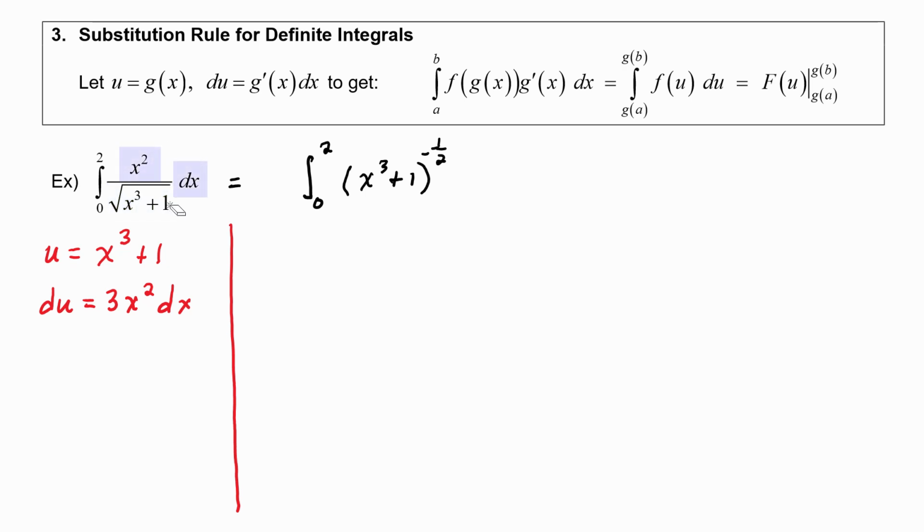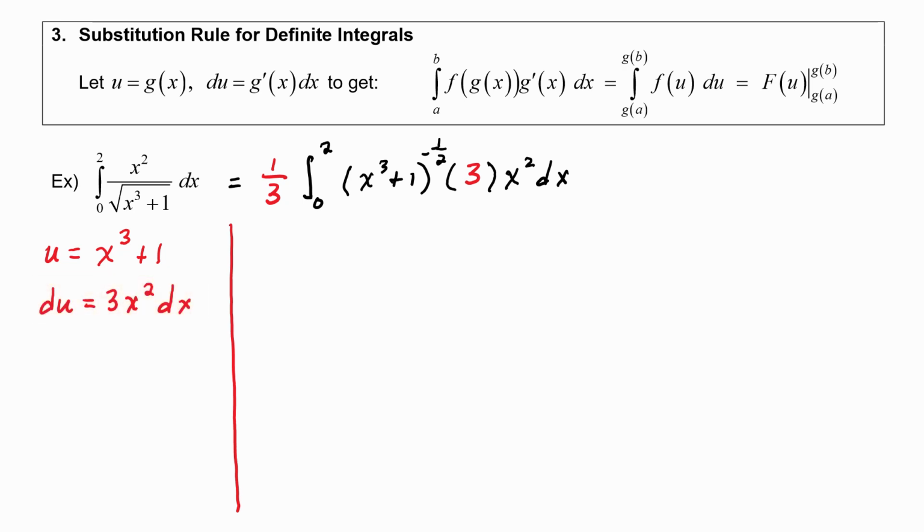Then we have that x squared dx, and I'm going to leave a little space there, because we recognize that we need 3x squared dx to get our du. So if we put a 3 in there, we have to counteract it with 1/3 out front.